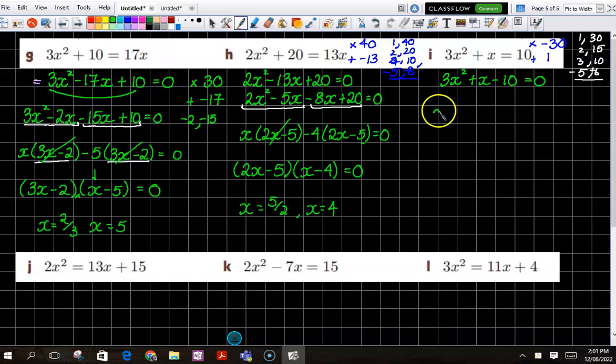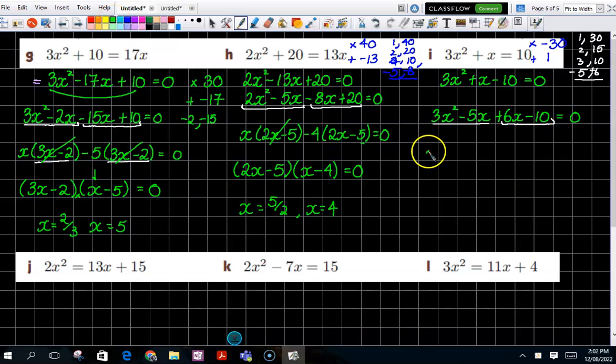Okay, so 3x squared minus 5x plus 6x minus 10. Pair off, and then pull out your common factor.